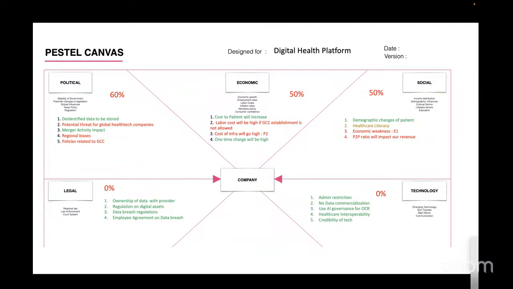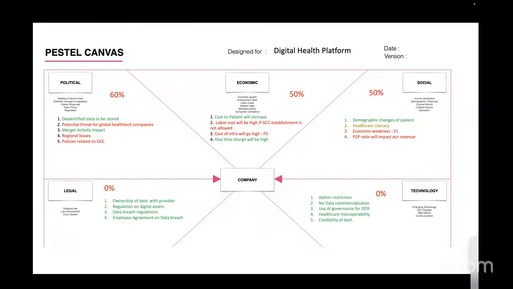If you don't establish it, then you will not be able to manage the cost. If the cost goes high, then definitely cost to patient will increase, right? So these are the factors that you might face as a challenge. You cannot control the policies, so that's why we have marked it red.